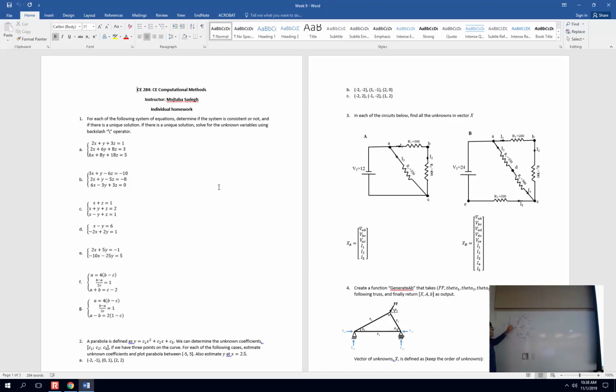Now I1 comes here. It can go this way or it can go this way. Is that true? I1 can go through R5 or can go through R3. So I5, I3.